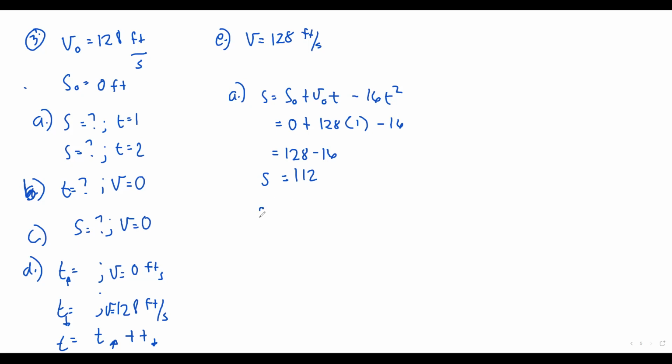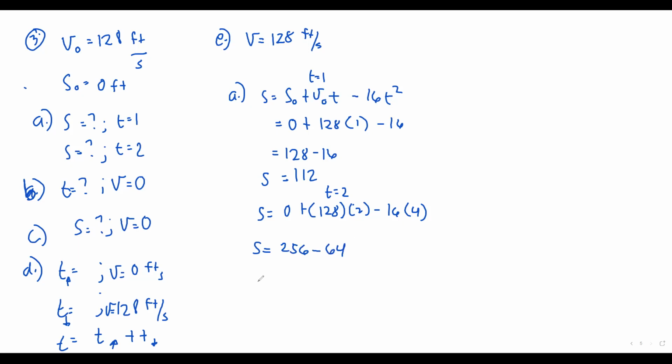Next tayo. S is equals to 0 ulit plus 128 times 2 minus 16 times 4. Kasi 2 squared. So, T is equals to 1. T is equals to 2. So, S is equal, sorry, nakakain ko ng oras. So, ilan to? 128 times 2, 256. 256 minus 4 times 16, 64.